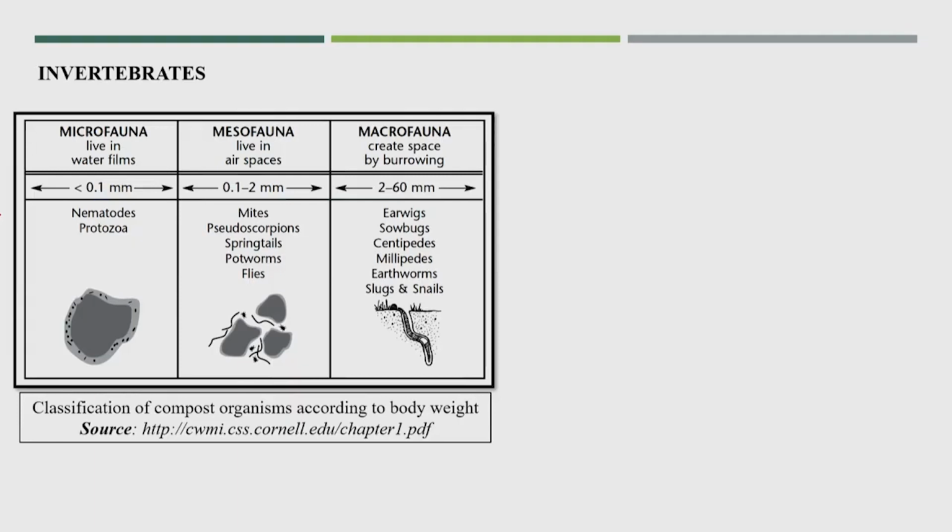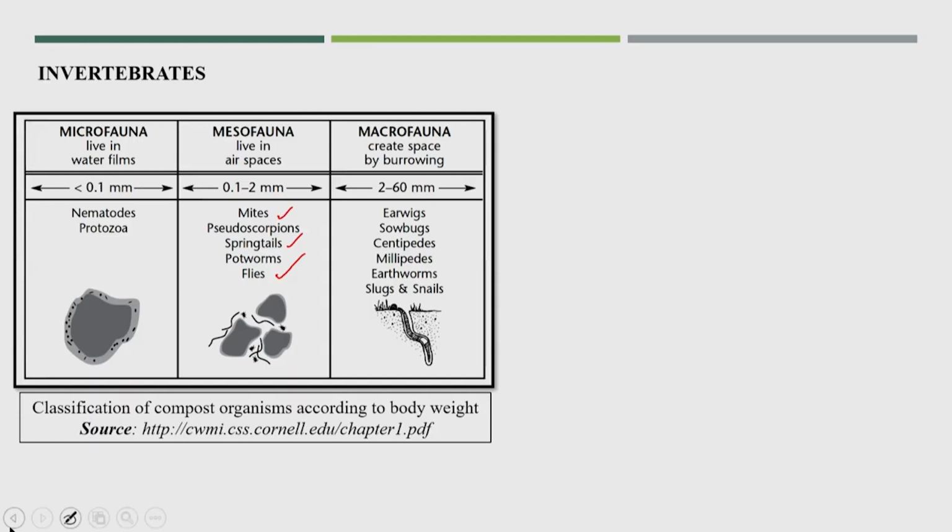Now this slide is specially for invertebrates, where you can see different kinds of invertebrates by their size. The smallest ones, less than 0.0 mm, live in the water film in the composting material. Followed by that are the microfauna and mesofauna that live in the air space, which could be mites, springtails, even flies that grow in the composting process.